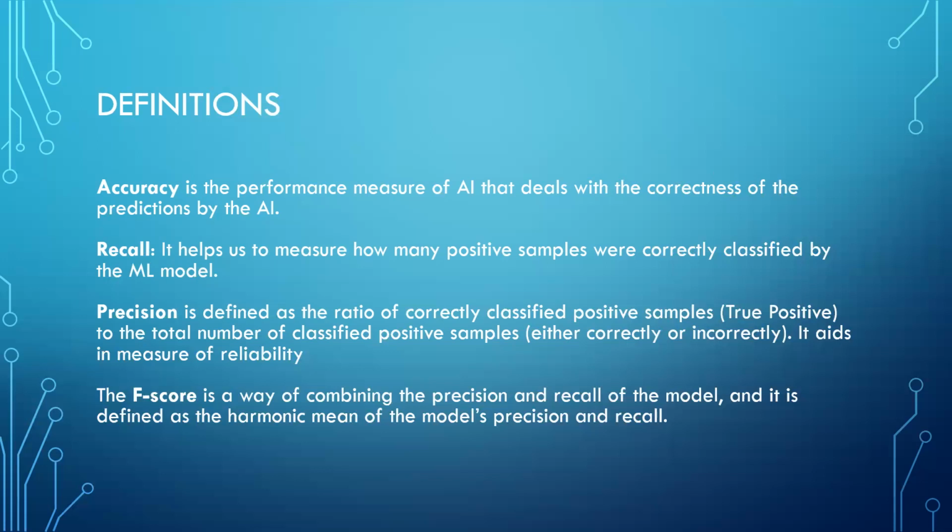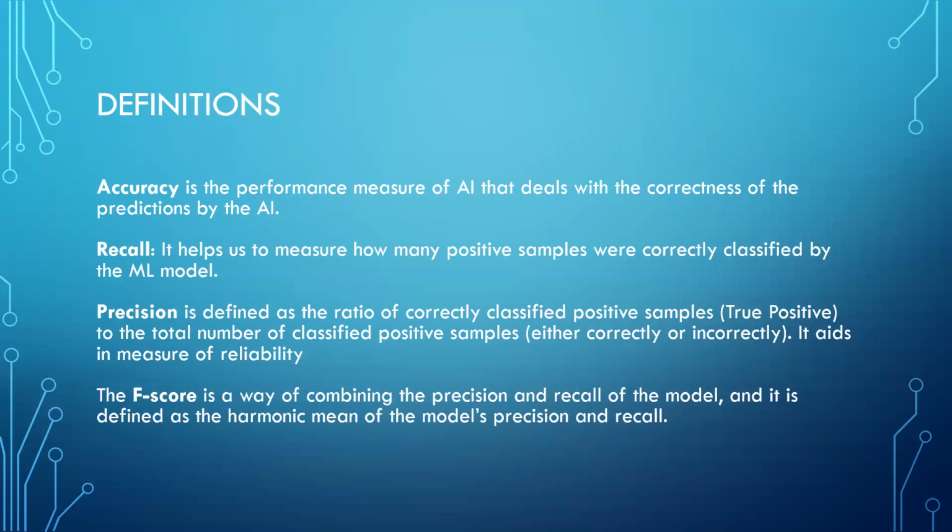So sometimes it can return a non-stressful face, but precision is basically true positives out of true positives plus false positives. Recall is true positives out of true positives plus false negatives. Accuracy is TP plus TN out of TP plus TN plus FP plus FN, where TP stands for true positive.